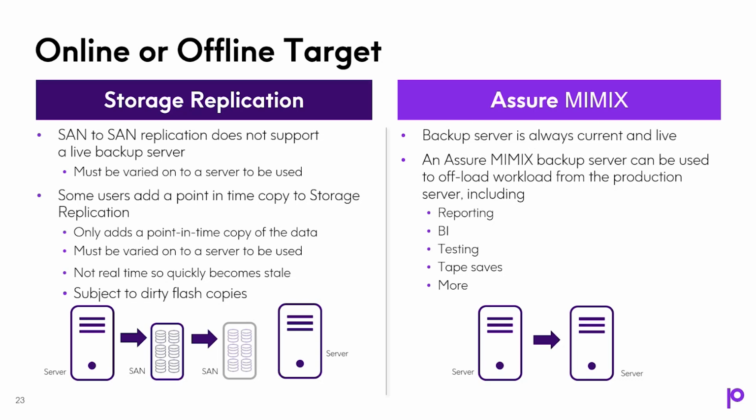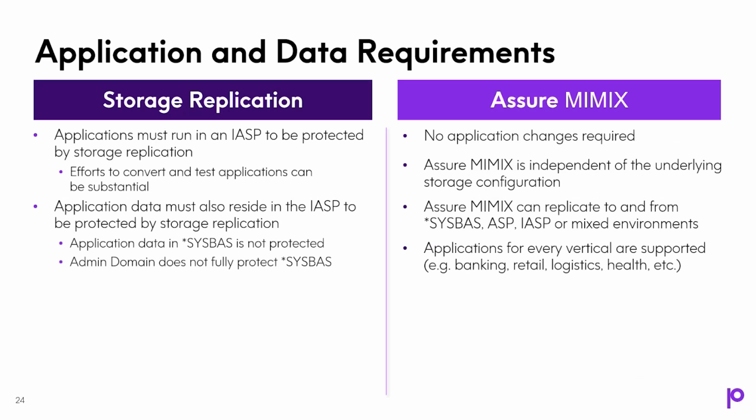So let's move on to the next consideration, application and data requirements. Earlier on, I talked about the difference between storage replication options with independent ASP versus full system storage replication. I need to emphasize that to you. You need to understand what that is.